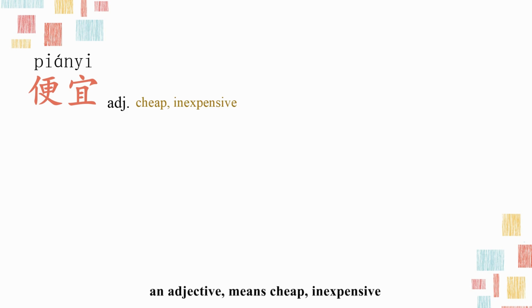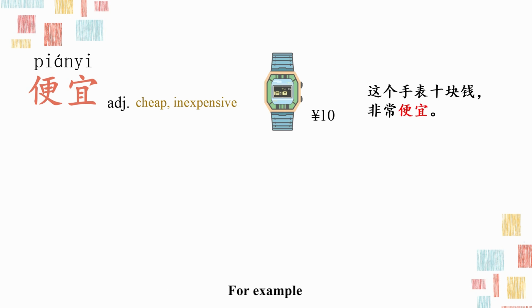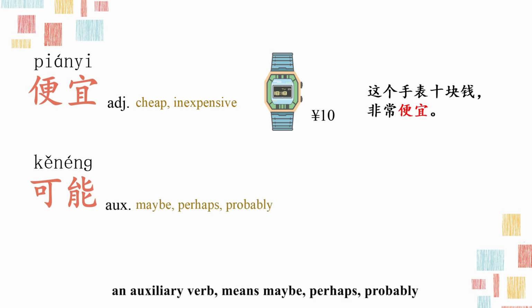便宜, an adjective, means cheap, inexpensive. For example, 这个手表10块钱，非常便宜。 This watch is 10 yuan. It's very cheap. 可能, an auxiliary verb, means maybe, perhaps, probably.